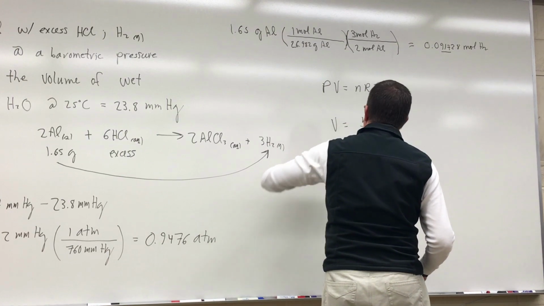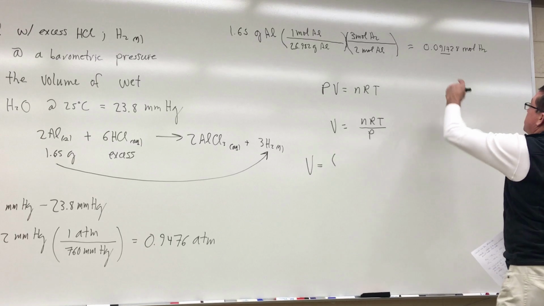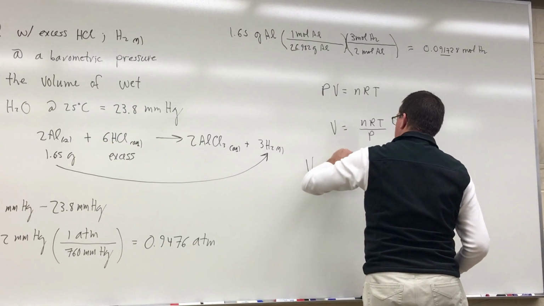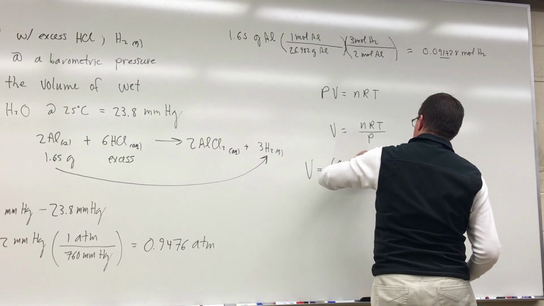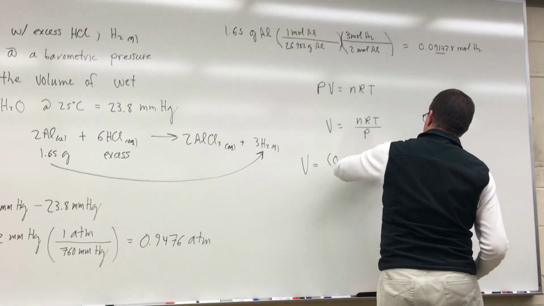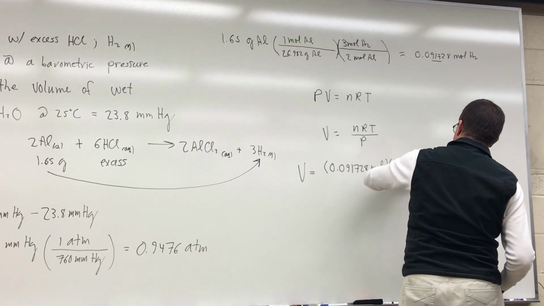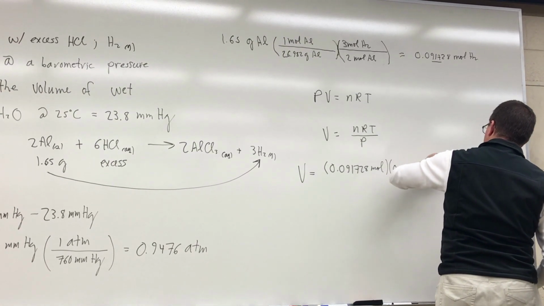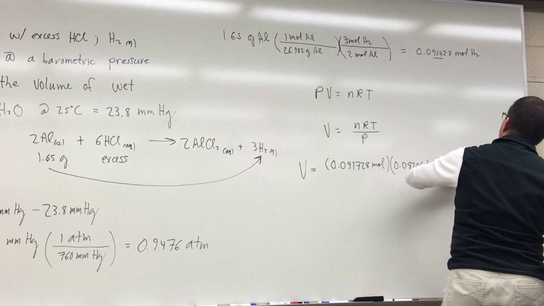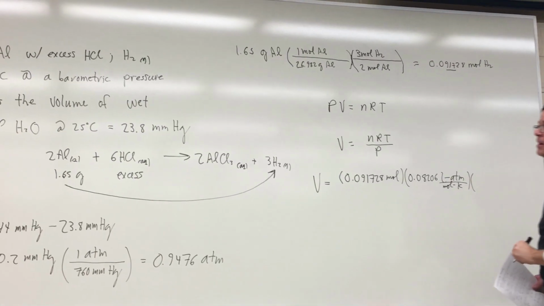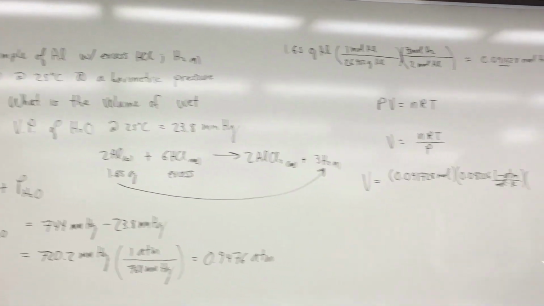So volume is going to equal my number of moles of hydrogen gas that I've made, which is 0.091728, times R, times my temperature. Now my temperature is 25 degrees. You add 273 to that, you get 298 Kelvin.